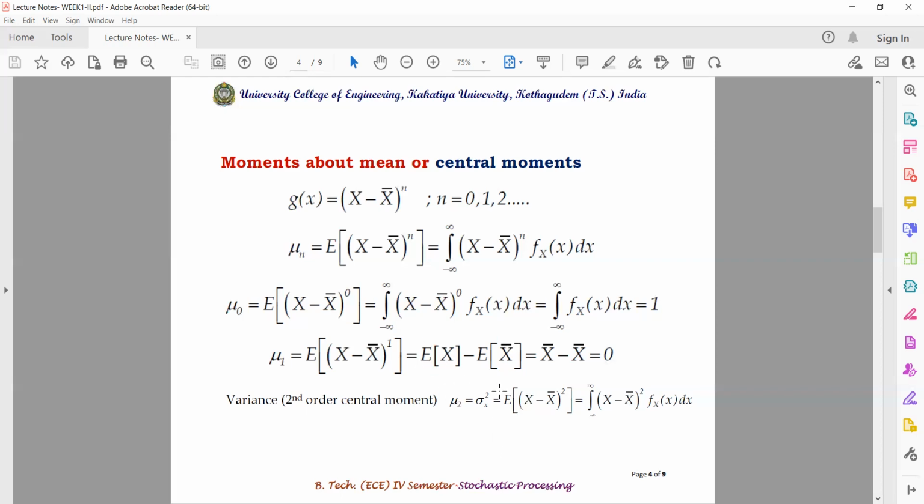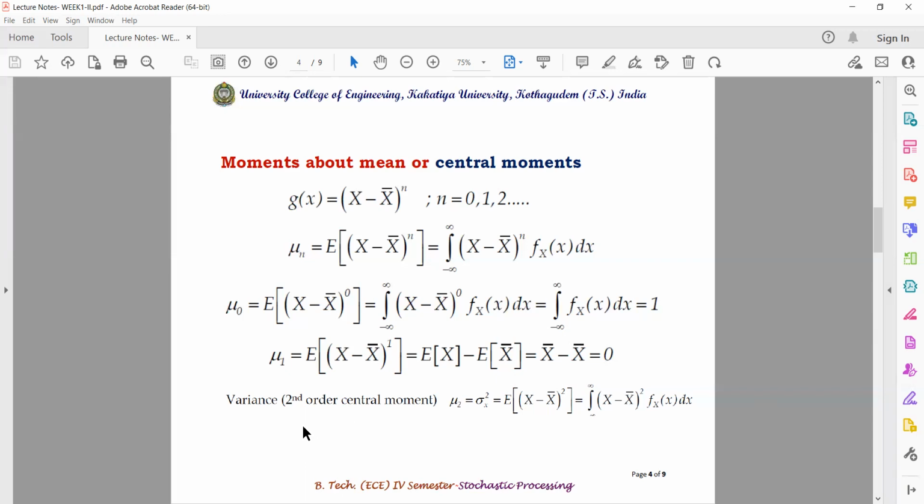So E of x is equal to x bar, and E of x bar is equal to x bar. X bar minus x bar is 0. So the first order central moment is 0, and the 0th order central moment is 1.